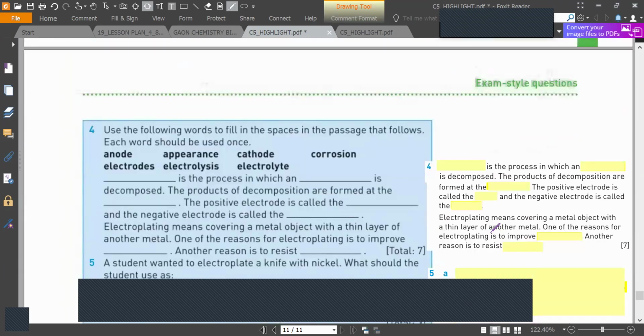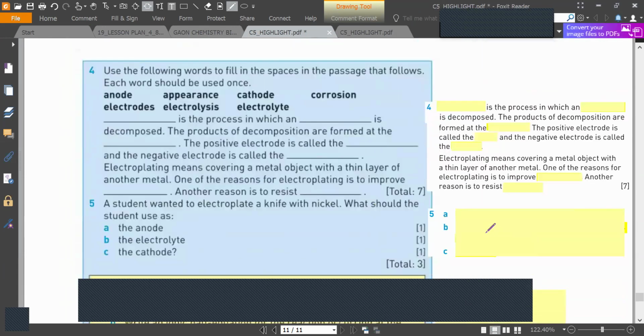Next. Here we need to fill in the blanks. The first one, electrolysis. Electrolysis is the process in which the electrolyte is decomposed. Inside the electrolyte will be an ionic compound.